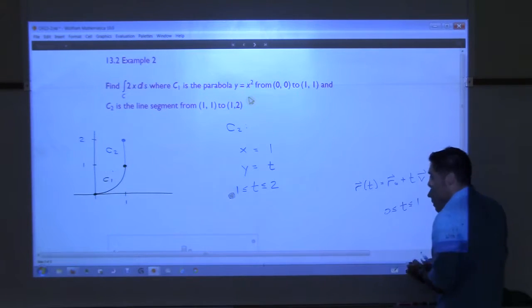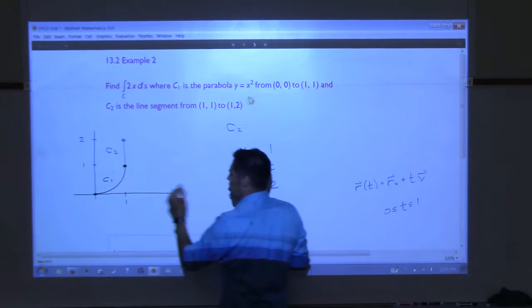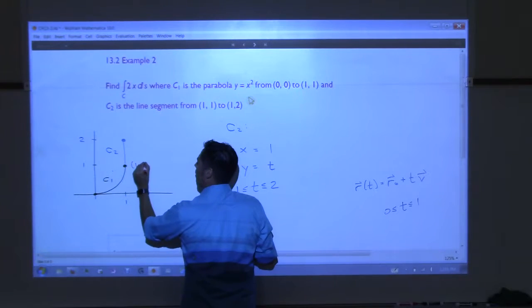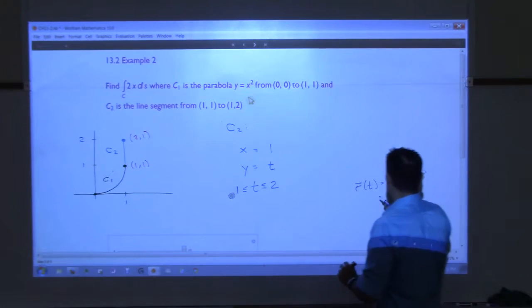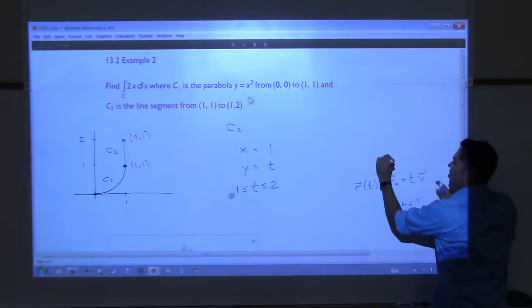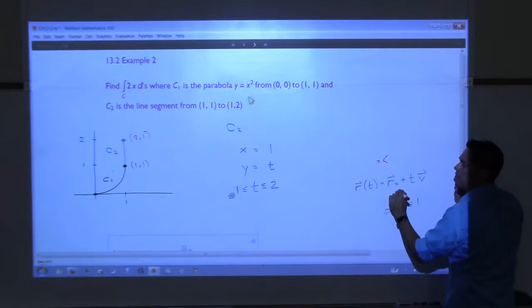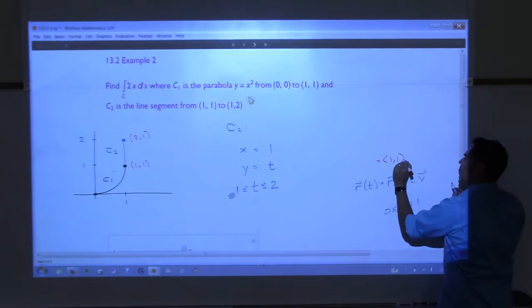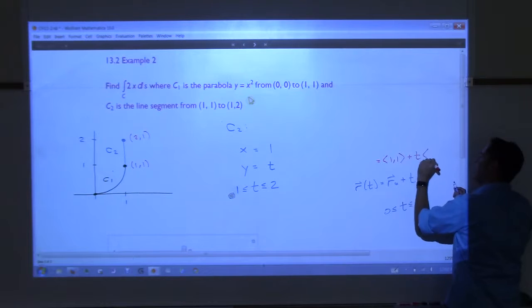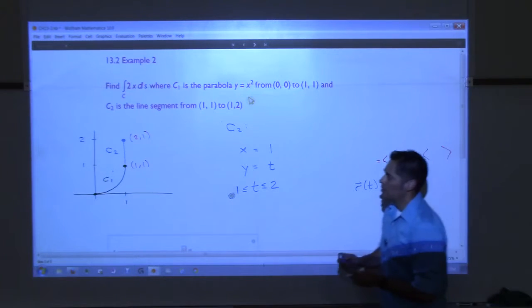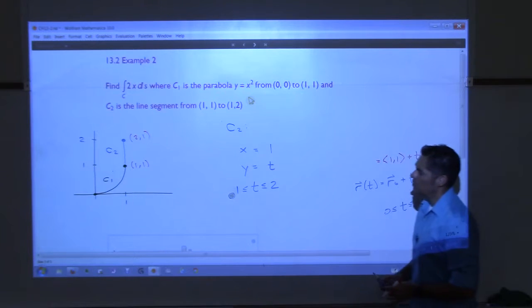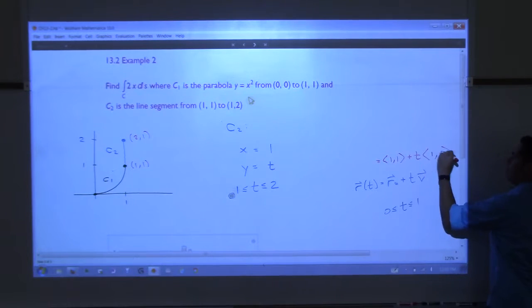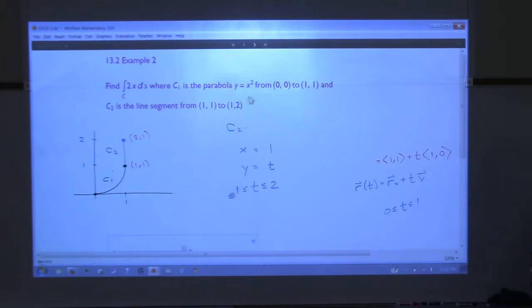Thank you. All right, so these points, as points, they're the point 1, 1 and the point 2, 1, right? So if I come back over here, r naught, I want to start out where? 1, 1 plus t times, now I need a direction vector. So the vector that goes from here to here, which is what vector? 1, 0, right?